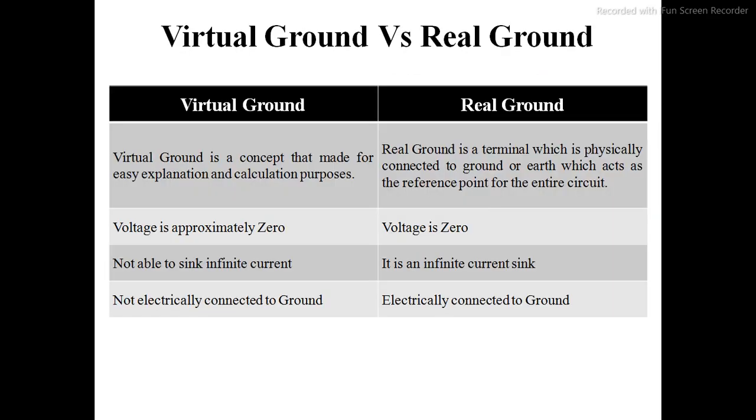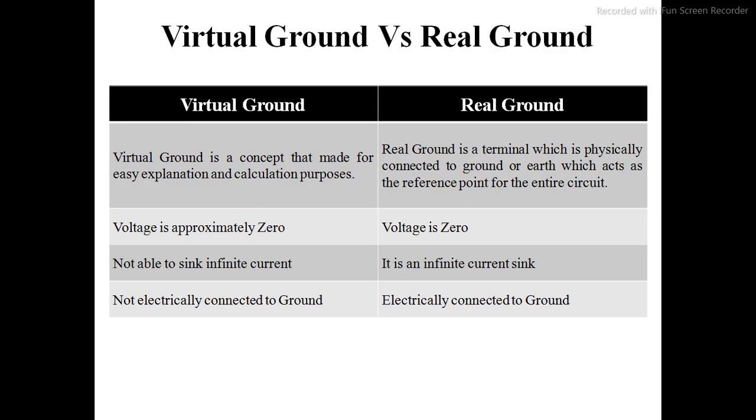Now this is the comparison of virtual ground versus real ground. In the virtual ground only the concept of ground is utilized, whereas in the real ground there is a physical connection of that point to the ground. The voltage at the virtual ground is approximately 0, whereas in the real ground the voltage is 0.